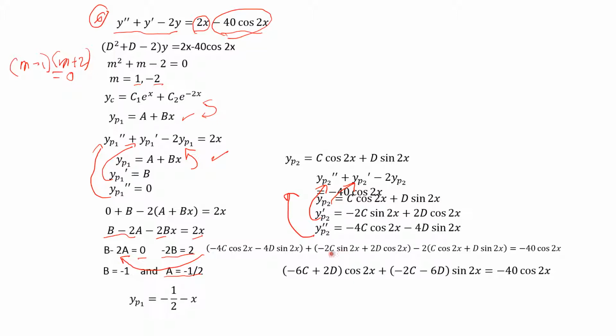And for the d, you have negative 4d, and then negative 2 times d is negative 2d, so negative 4d minus 2d is negative 6d. Therefore, for cosine 2x, you have negative 6c plus 2d equals negative 40, and for sine 2x, it is negative 2c minus 6d equals 0.